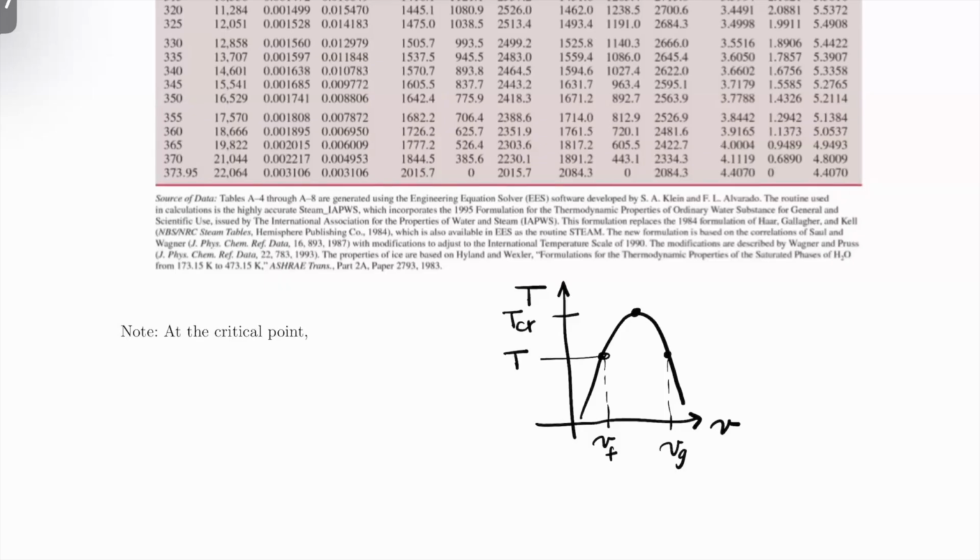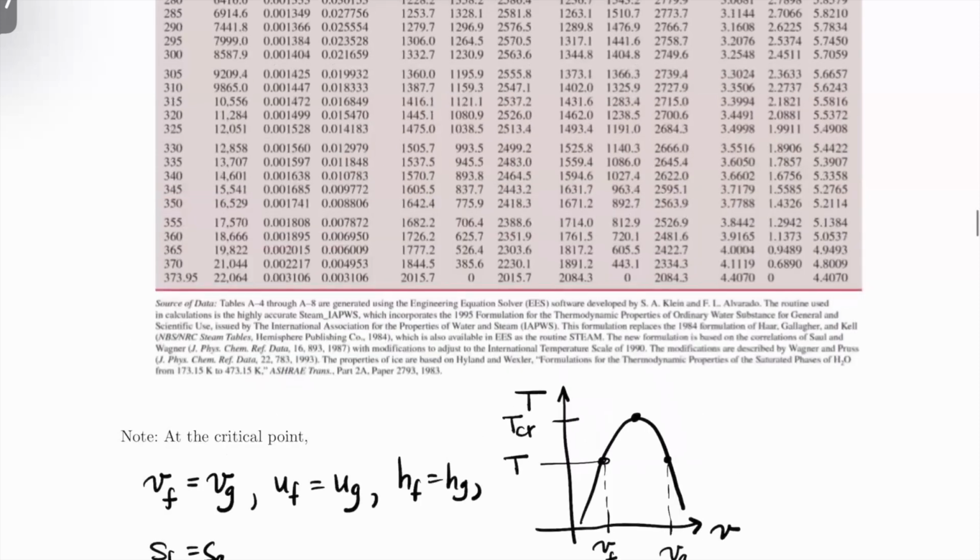All right, and at that critical point, we have that VF is equal to VG. UF is equal to UG. And HF is equal to HG. And SF is equal to SG.